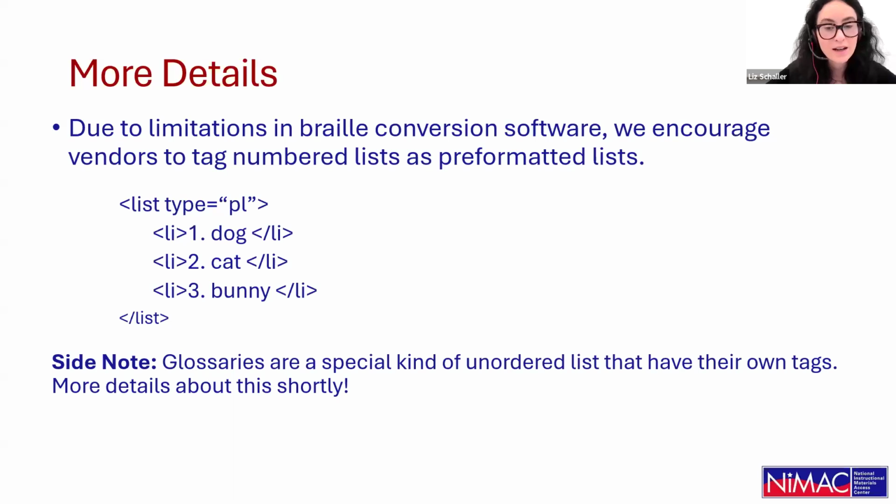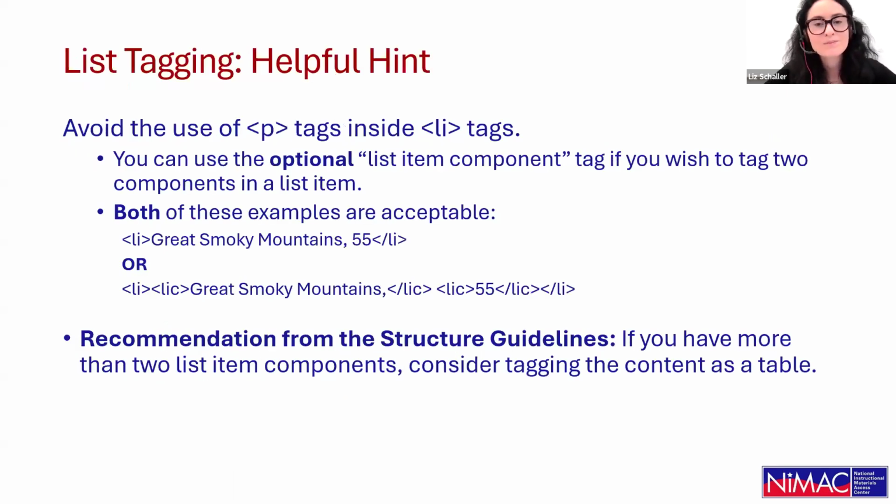I'll note glossaries are a special kind of unordered list, and they have their own tags, and I'll talk about that in a sec. We also encourage you to not utilize paragraph tags inside of list item tags. They're just not needed, and they can sometimes cause issues, particularly with Braille software conversions.